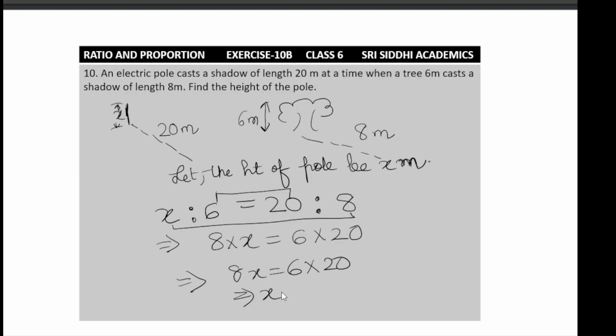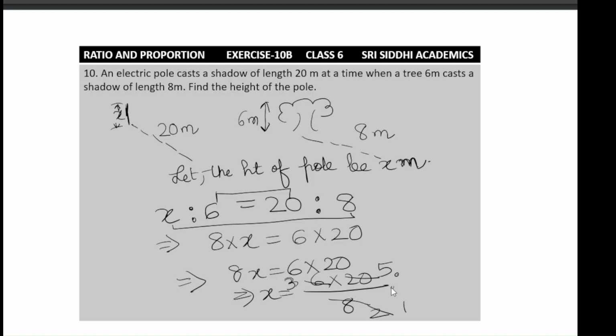Now to find the value of x, I will put the 8 on the denominator, because 8 is multiplied this side; when it comes to the other side, it becomes division. So 4 2s are 8, 4 5s are 20, 2 1s are 2, 2 3s are 6. I have cancelled out the 6 and written 3 here.